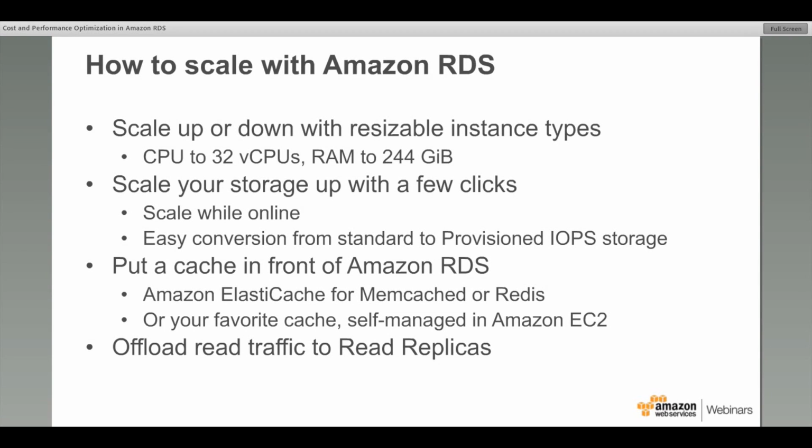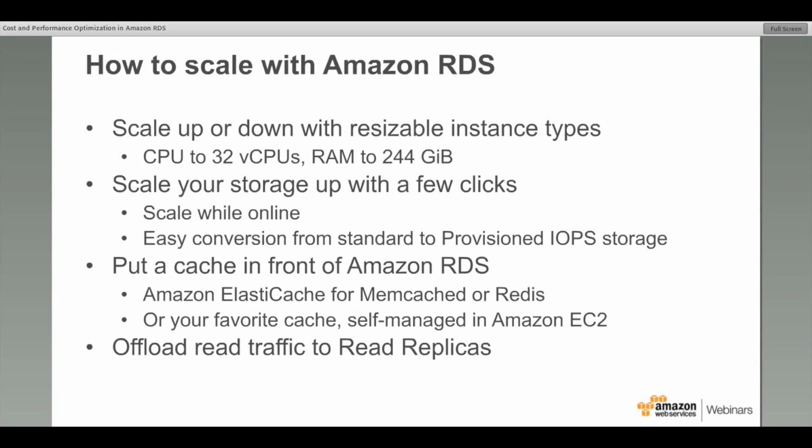The third point that we want to mention is if I put a cache in front of my RDS instance. This is for situations where I have a heavily read-intensive operation. A lot of our customers will look to using ElastiCache for Memcached or Redis, which is essentially an in-memory data cache that I can place in front of my RDS instance for scaling from a read perspective.